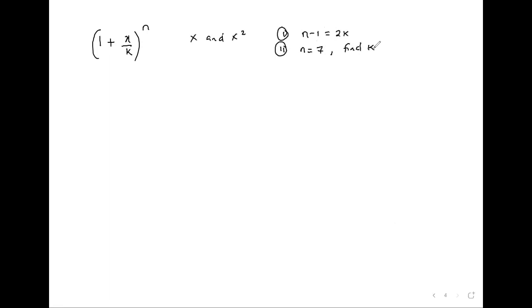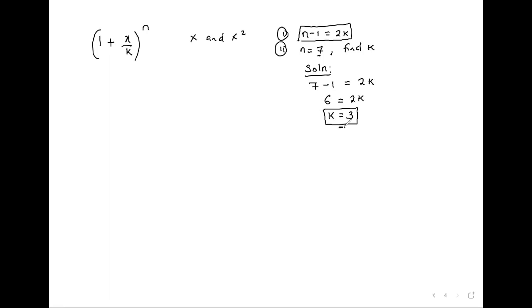So we'll start with part 2. If n is equal to 7 in this expression, then we'll have 7 minus 1 is equal to 2k. So 6 is equal to 2k. So k is equal to 3.